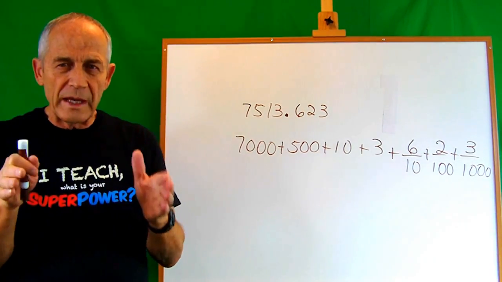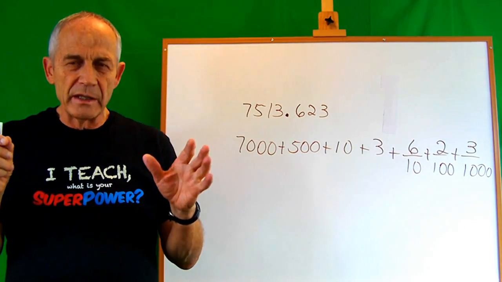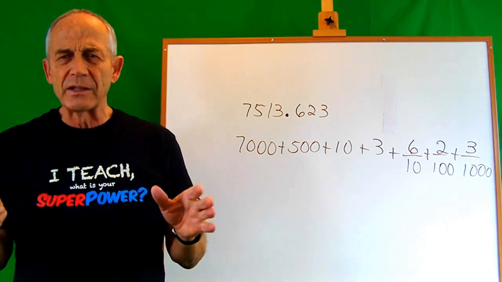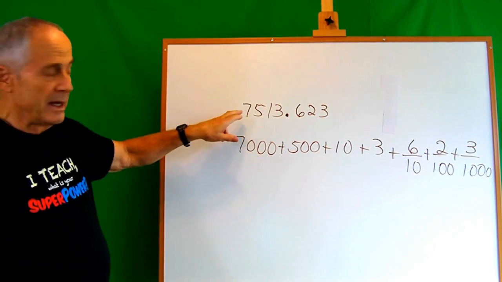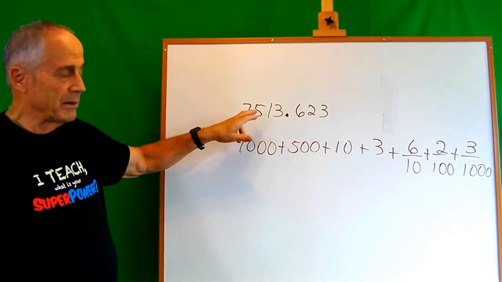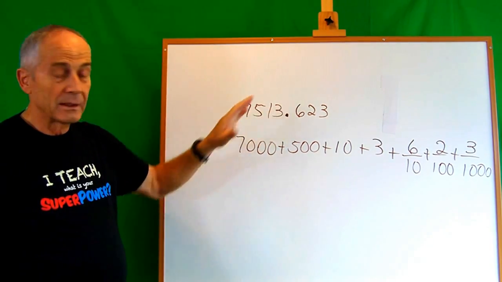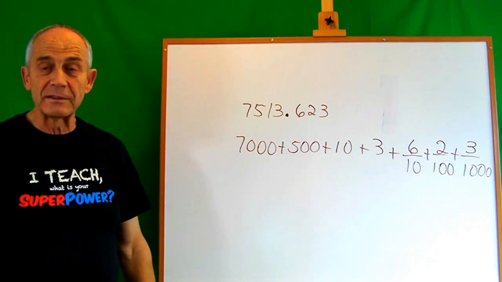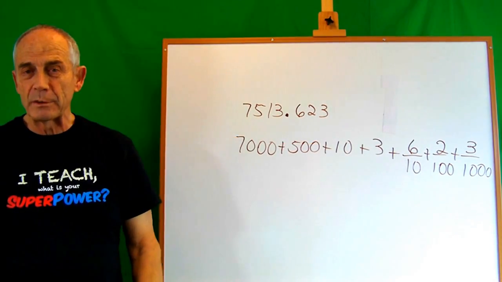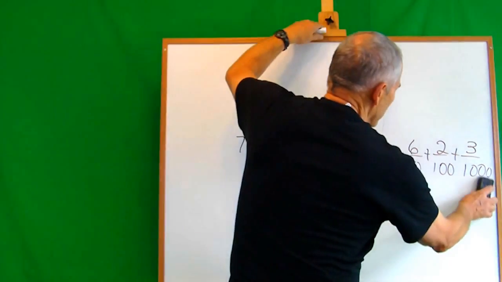We learn to look at it this way so it'll be a little clearer to our brains what this number actually represents. And if I were going to say this number, it would be 7,513 and 6. Well, let's not deal with that just now, because I don't know if we know for sure how to say that. That might sound a little complicated with what we've got here. So let's just talk about what we would do.